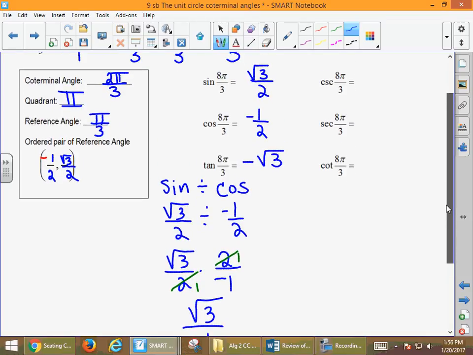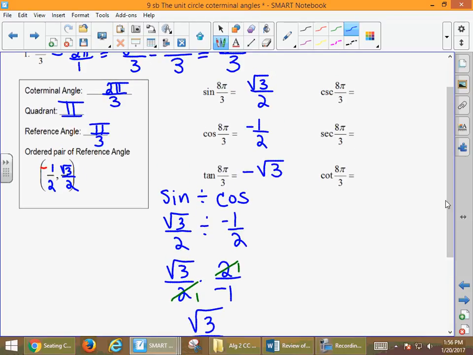Well, now that we know that, we can find our reciprocal values. Cosecant is the reciprocal of sine. So that's going to be 2 divided by radical 3. And secant is the reciprocal of cosine. So that's going to be 2 divided by -1.